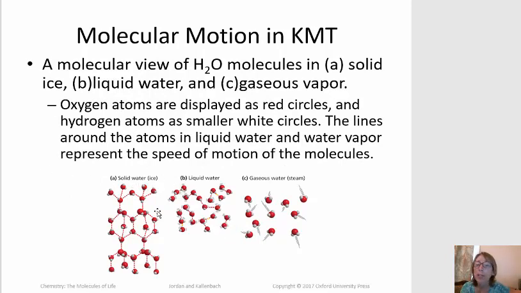When water is in the solid form, which of course we call ice, each water molecule is tetrahedrally hydrogen bonded to 4 other water molecules, and they expand from the liquid water phase to become less dense.